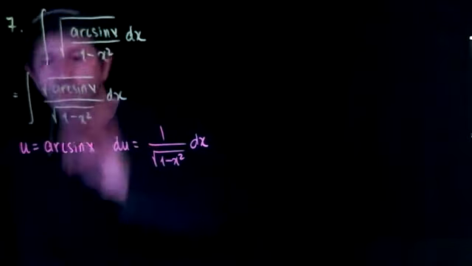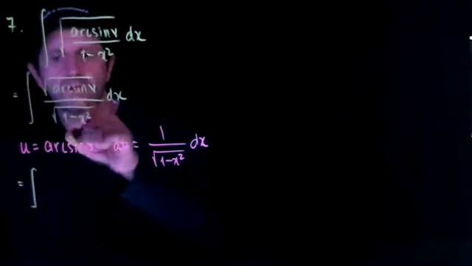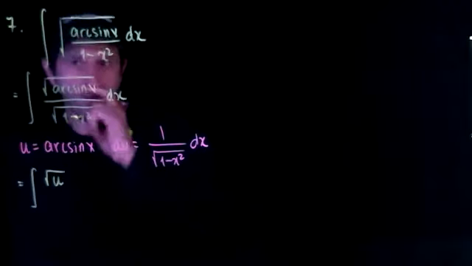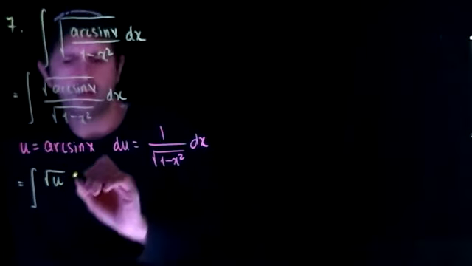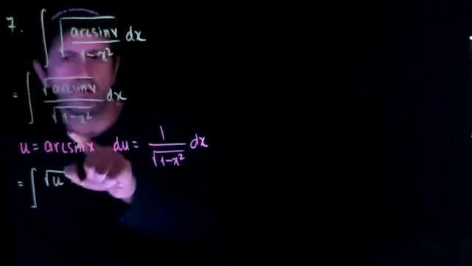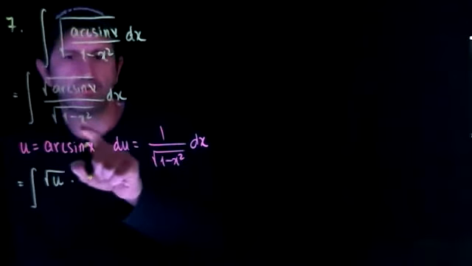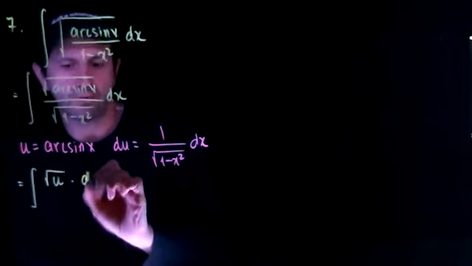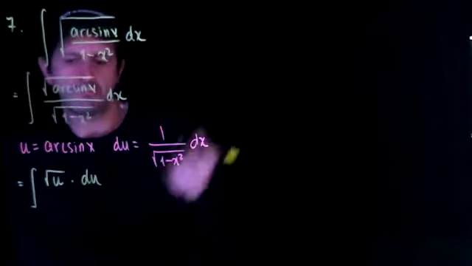So let's go. It becomes the integral of square root of u, right? Square root of arc sine, square root of u, times dx over square root of 1 minus x squared, which is exactly du.